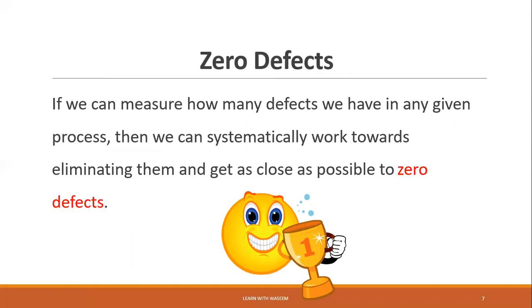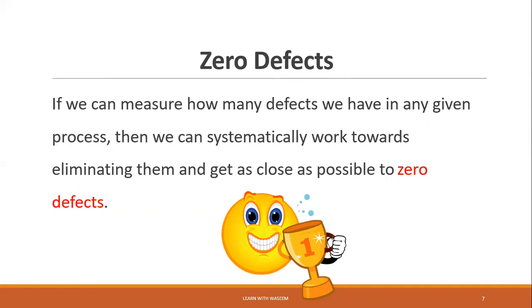What does zero defects mean? If we can measure how many defects we have in any given process, then we can systematically work towards eliminating them and get as close as possible to zero defects. But it may not be easy or possible.